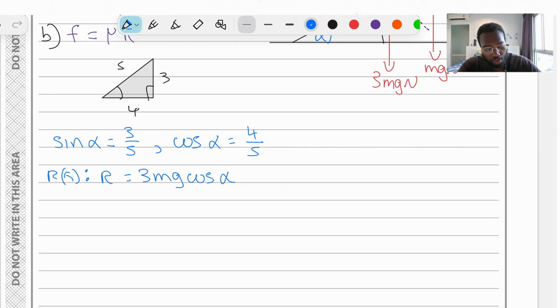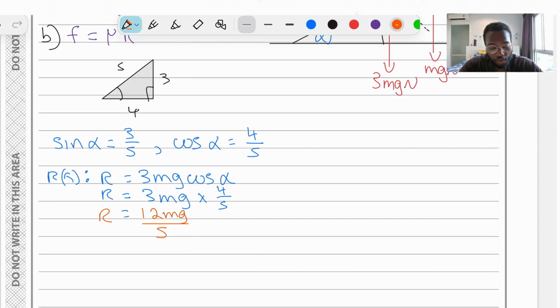Okay, so now if we work this out, we get R is equal to 3mg times 4/5, which therefore means that R is equal to 12mg/5.